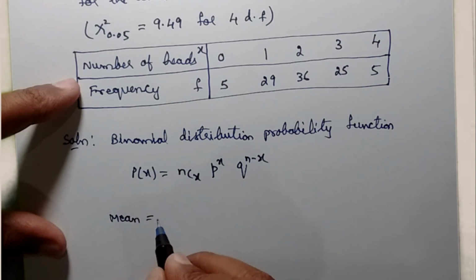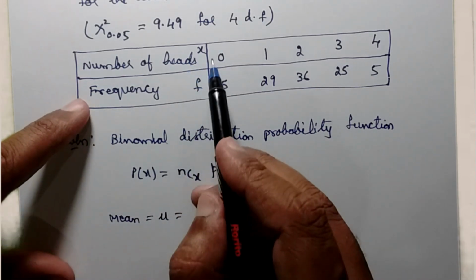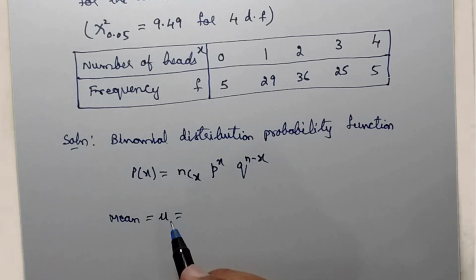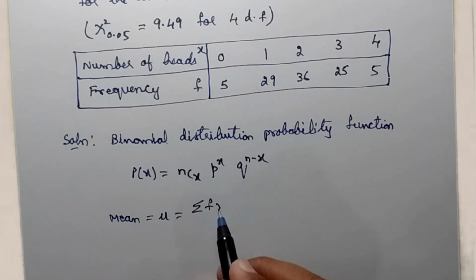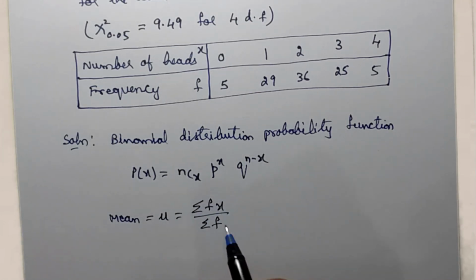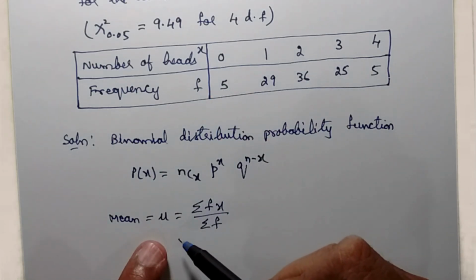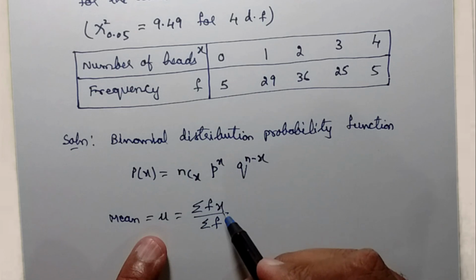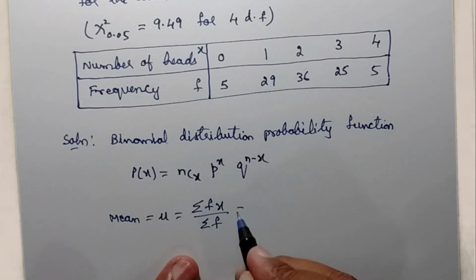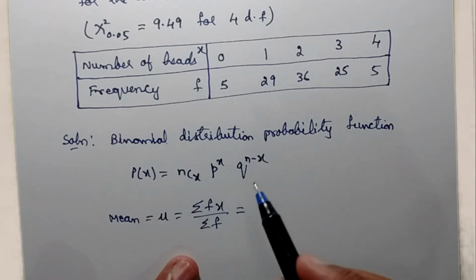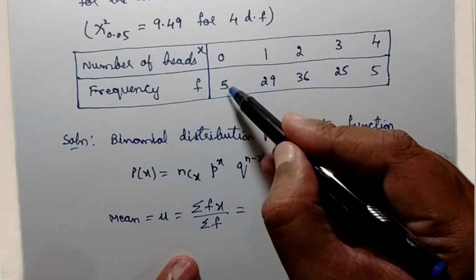So what will the mean mu be? The basic formula for mean mu is summation of fx by summation of f. Whenever the data is given in the form of x and f, you can use this formula. So summation of f into x, you just need to multiply f into x.